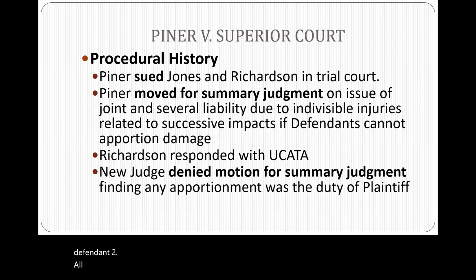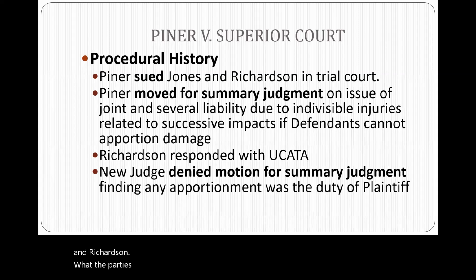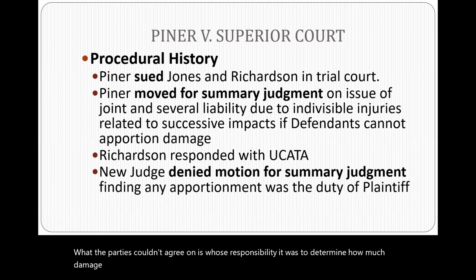All parties agreed that the injuries suffered by Piner, that's the plaintiff, were caused by Jones and Richardson. What the parties couldn't agree on is whose responsibility it was to apportion the damage between the two guilty defendants.